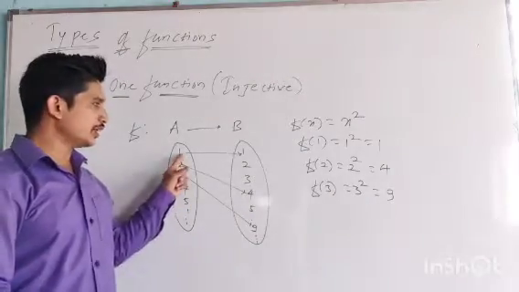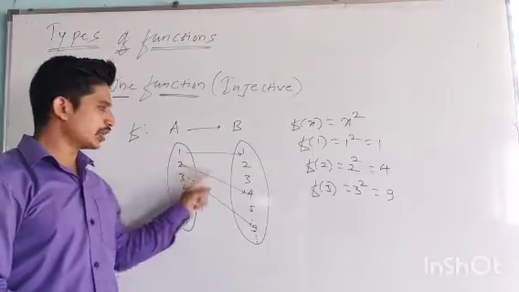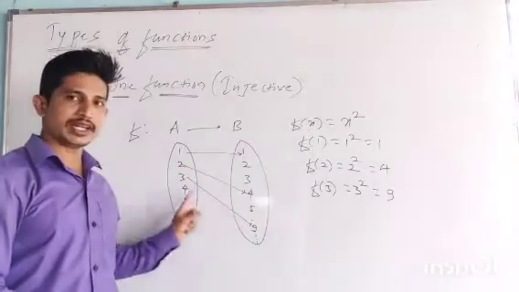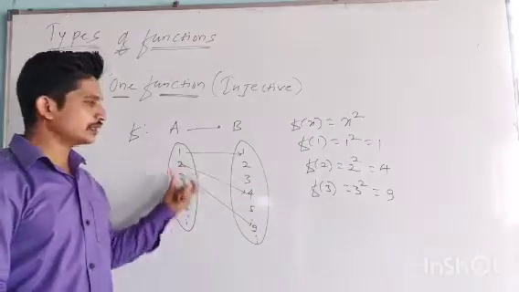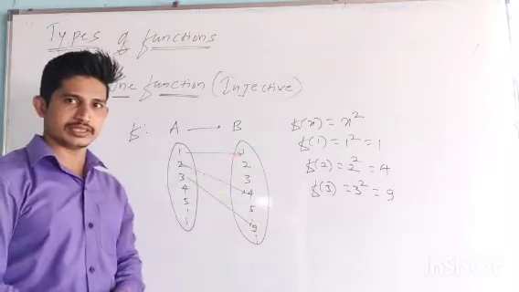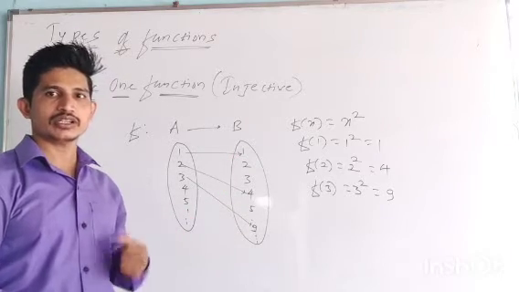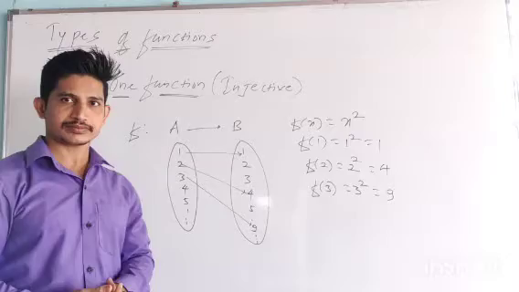So 1 has image 1, 2 has image 4, 3 has image 9 and so on. Different elements are having different images, then this function is called a one-one function.